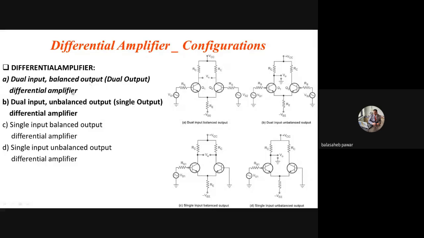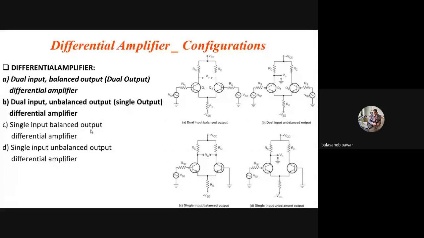Unbalanced output means what? Single output or single-ended output differential amplifier. The third type is single input, balanced output. That means there will be a single input terminal while the output is dual. And the last one is single input and unbalanced output, meaning single input and single output.